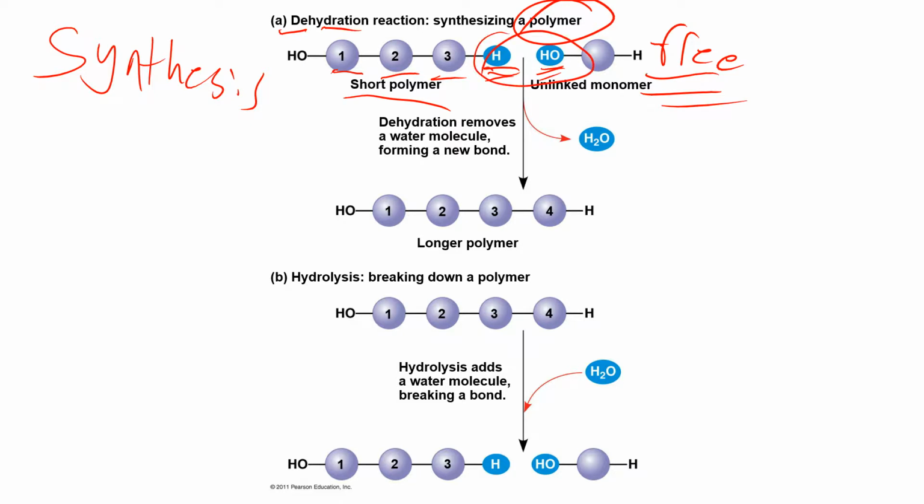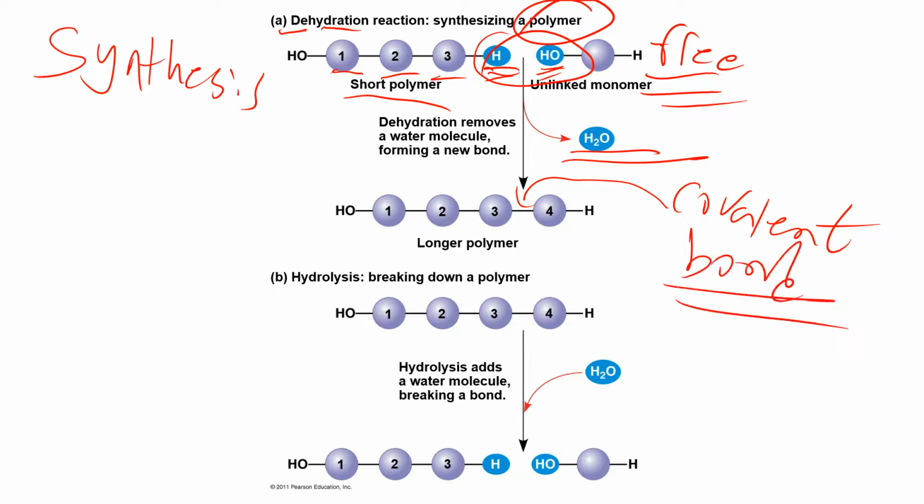This water molecule gets plucked out, and you have the formation of a new covalent bond. Your polymer has now increased in length by 1, and this is a continual process.